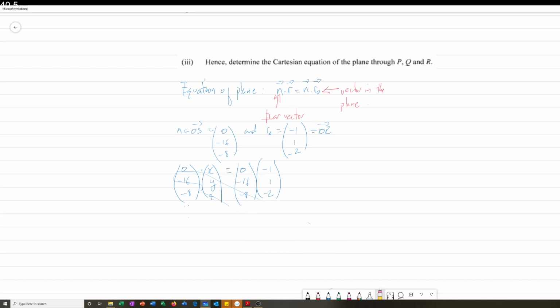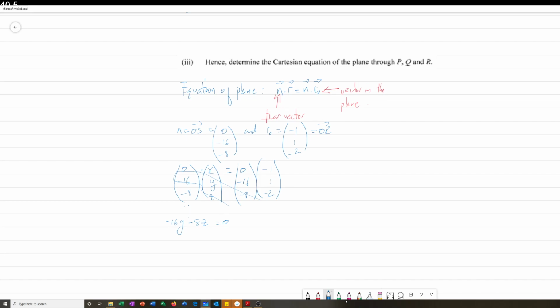Hopefully you will still be able to see this. So you would get x by 0, which is 0, so you got minus 16y minus 8z is equal to 0, and you will get 0 here.